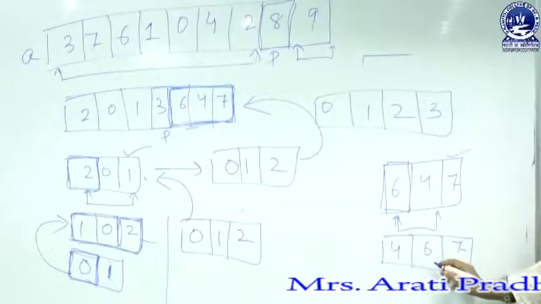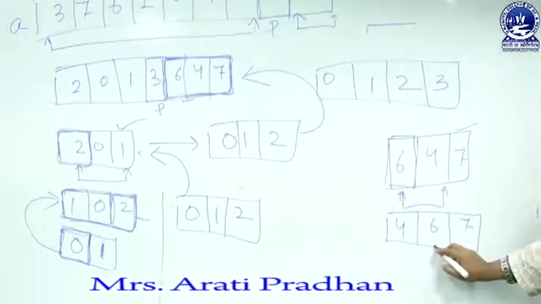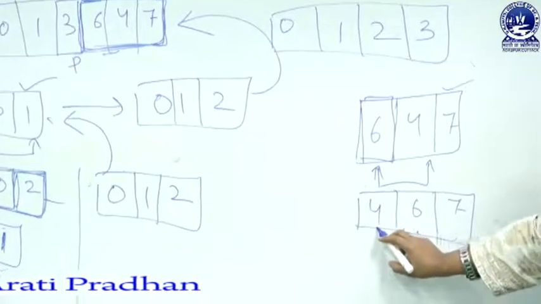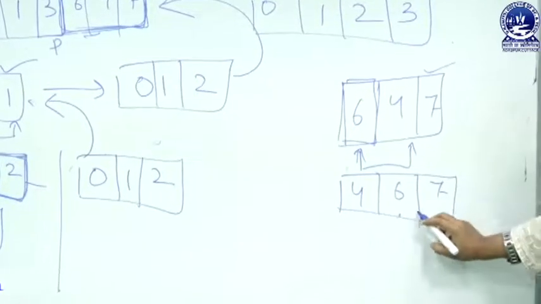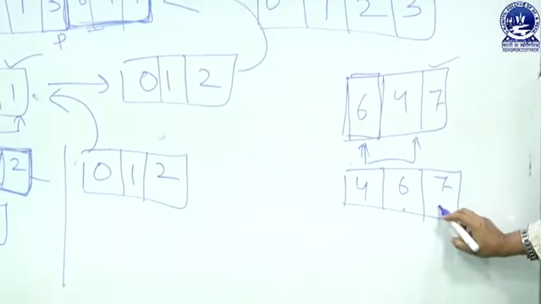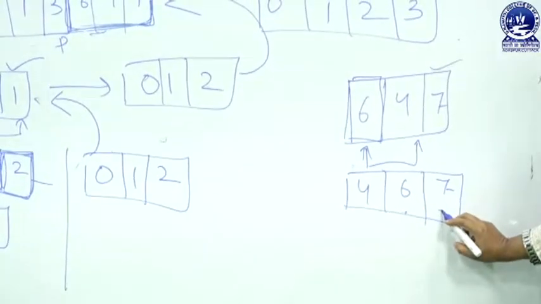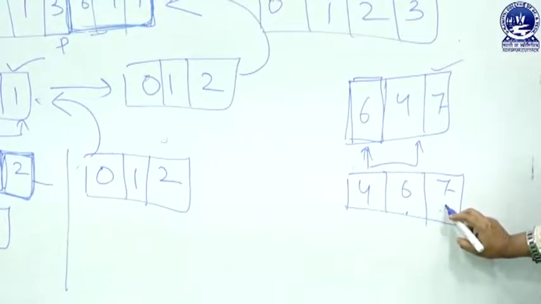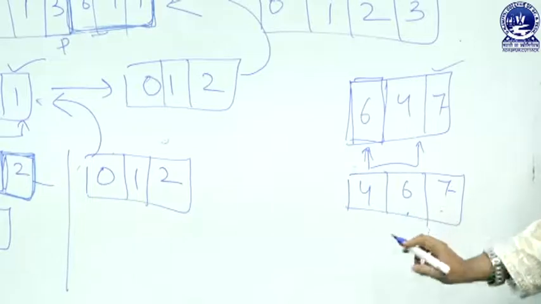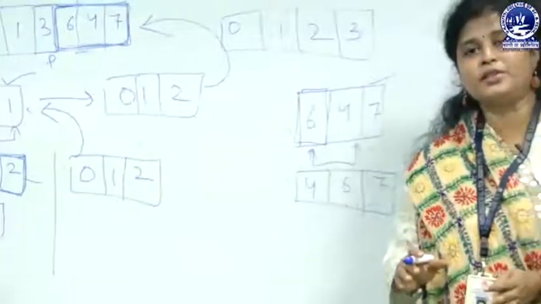And here 6 is in this position. Now, we will compare this one, it is okay, and we will compare this one and it is also in okay position, or it is having a greater value than the pivot. It means that pivot has been placed in the proper position.